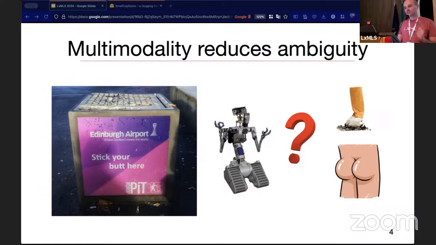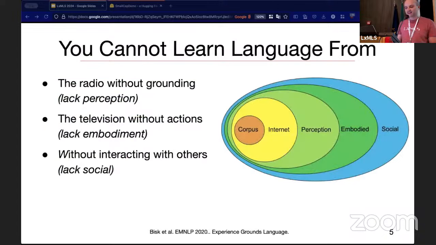And this is part of a larger argument about what you can and cannot learn language from. So Bisk and colleagues had a really nice overview of what they call world scopes. And so most research in natural language processing and computational linguistics has been at the level of working with text corpora, or perhaps more recently, the internet.